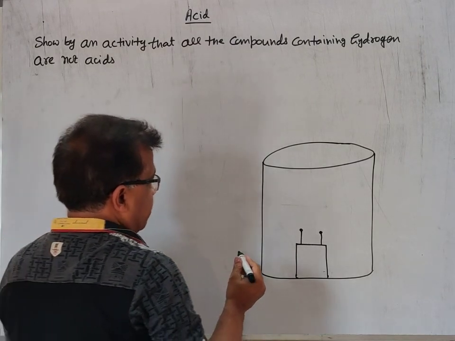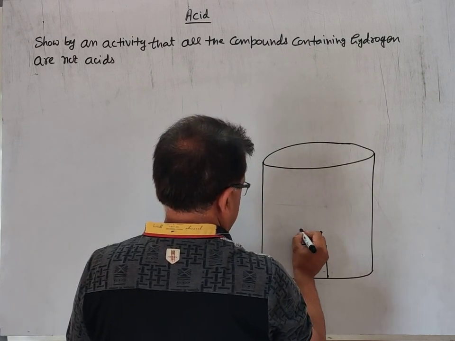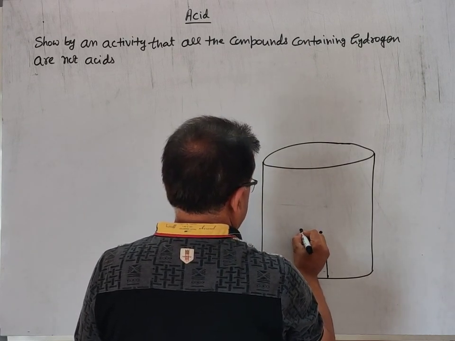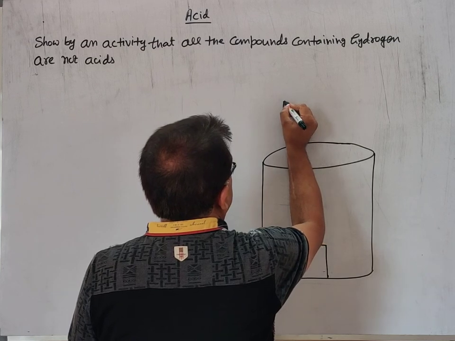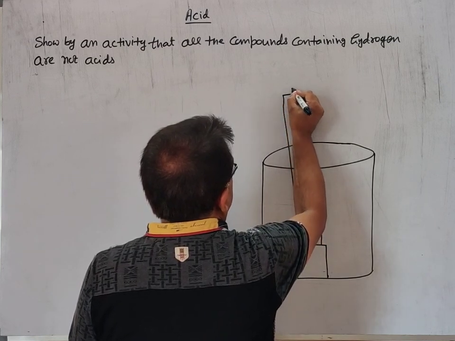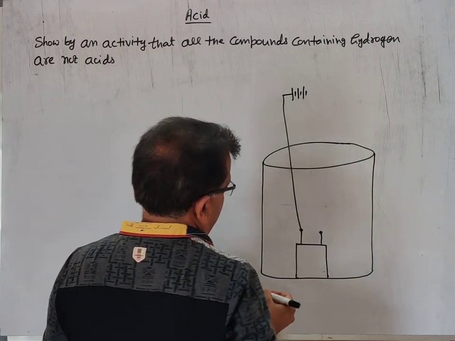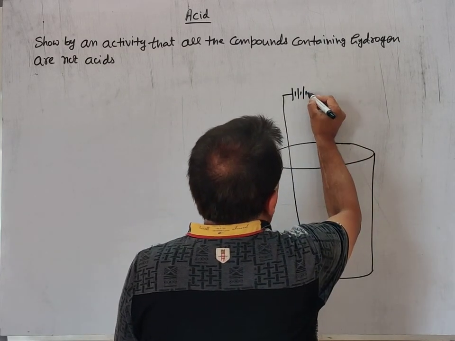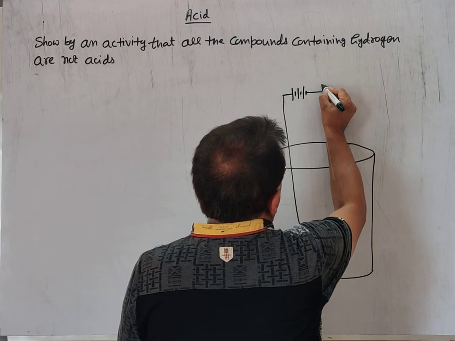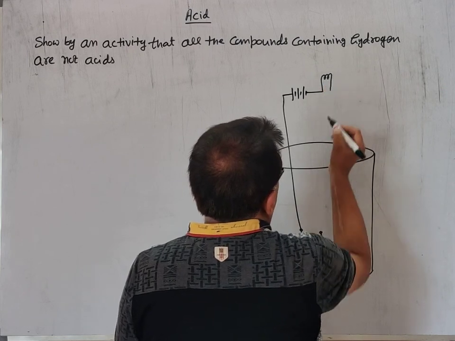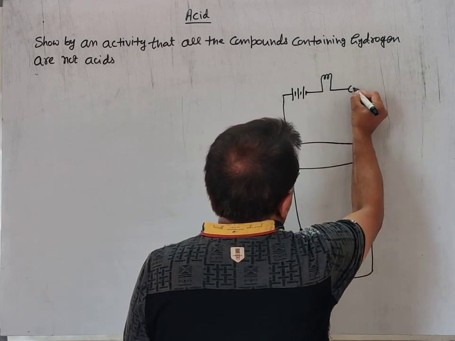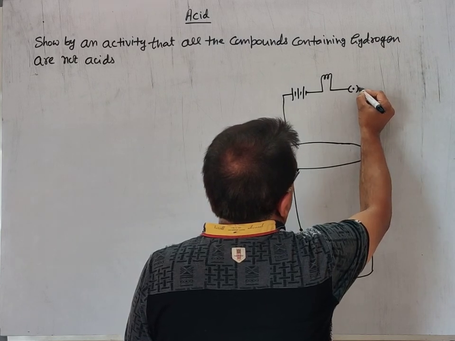Now we shall make a circuit by connecting them with a battery, a bulb, a switch or key.